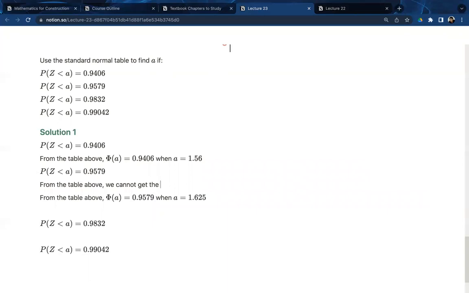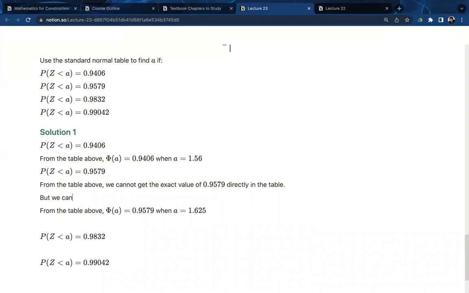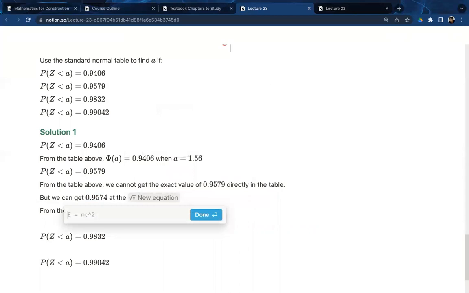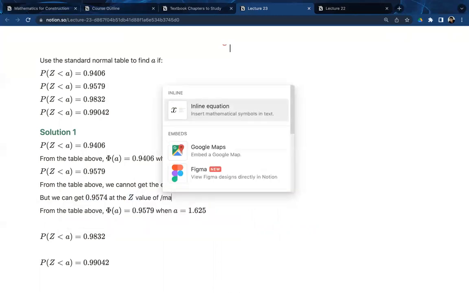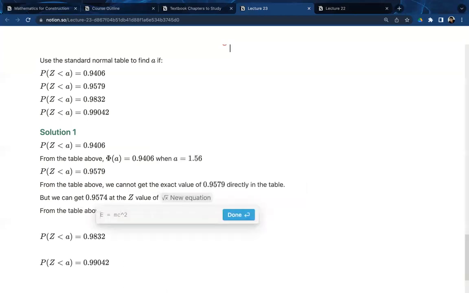We cannot get the exact value of 0.9579 directly in the table, but we can get 0.9574 at the Z value of 1.62.